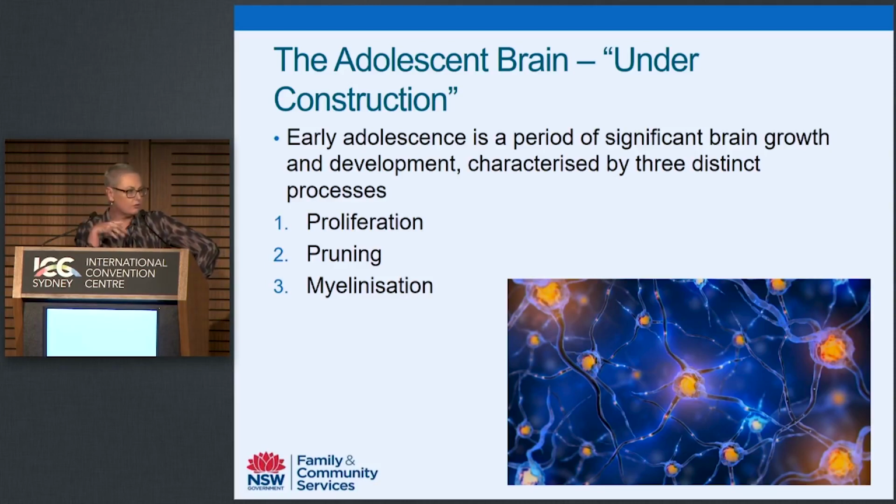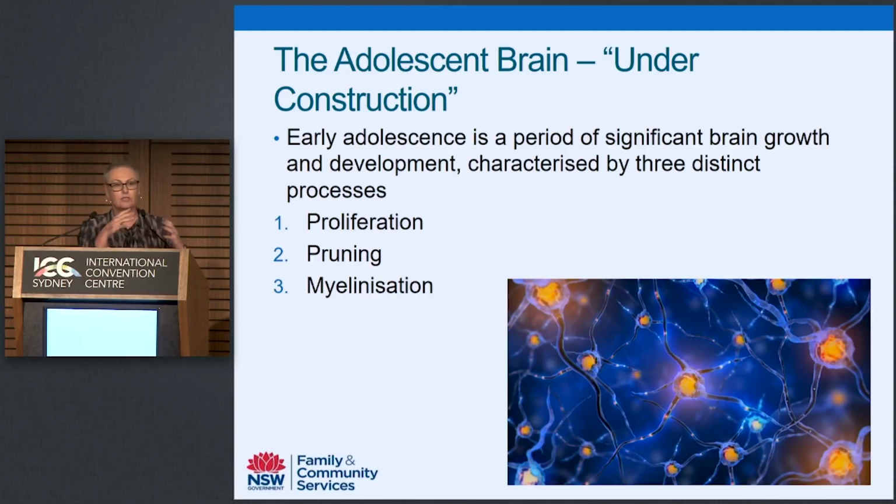So there's lots of new cells being formed, but at the same time what's happening is this process called pruning and myelination, which is basically while lots is being developed, at the same time the ones that aren't being used frequently, where there isn't the repetition and predictability, the connections between those parts of the brain start to fade away.